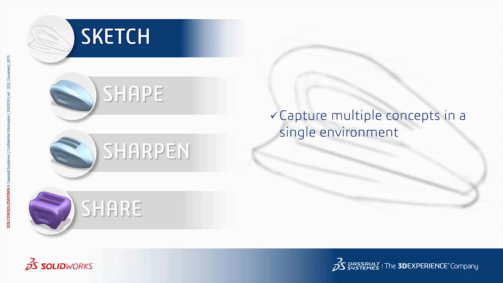If you think about this in terms of multiple concepts, Jordan could have spent a few more minutes and sketched out a bunch of different ideas that this toaster might look like. He could have put it all in one big sketch, like a big piece of paper, or he could have simply created a new sketch for every new concept, and then toggle on, toggle off the ones that he liked. Being able to capture multiple concepts in a single environment is extremely beneficial in the overall product design cycle.